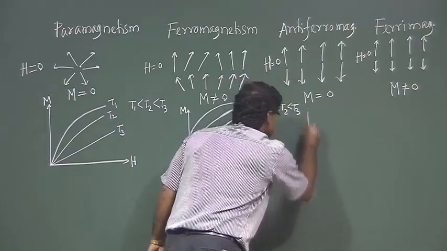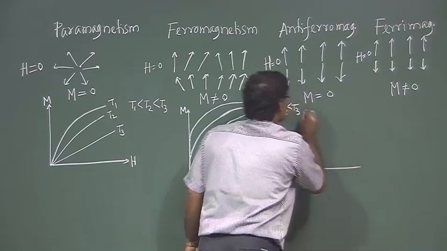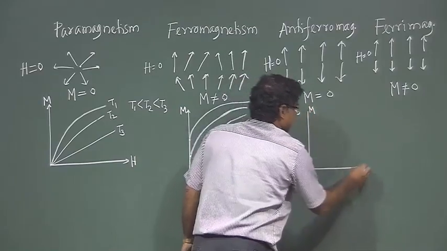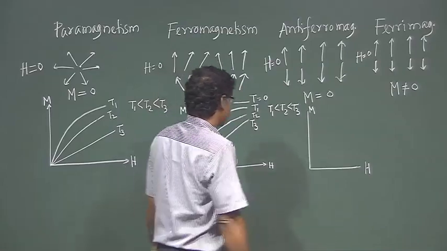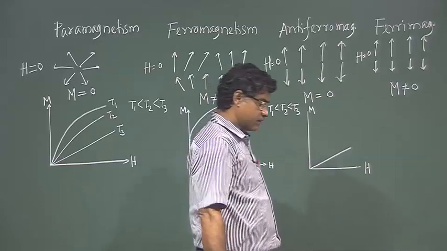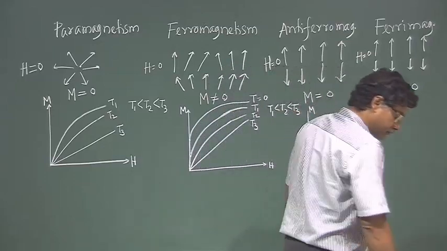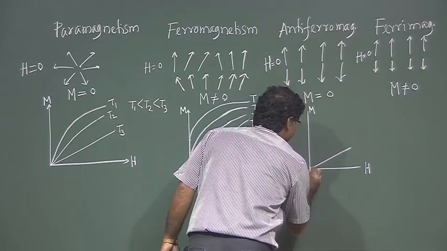In this case, it is M and this is H for antiferromagnetic. It is similar to paramagnetic.